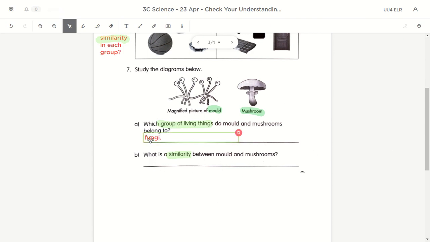Don't tell me they are both fungi. It's actually repeating the same answer. So tell me something similar about mold and mushroom. You can tell me that they reproduce by spores. That's the more common answer I see. I also see that some of you write another answer which is also correct.